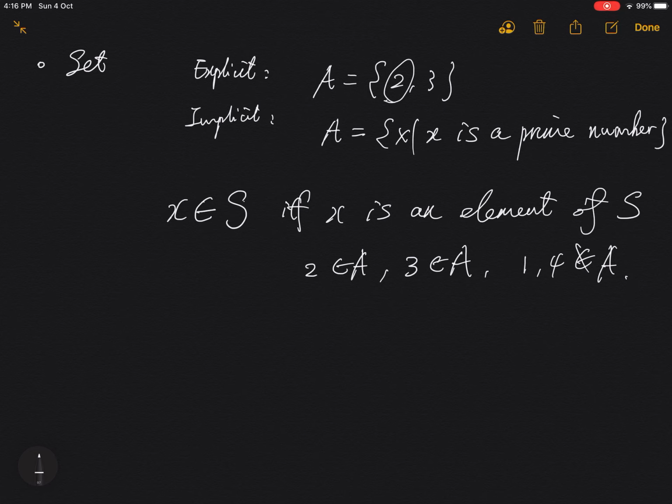And then we will talk about the subset. We need to know the definition of subset.